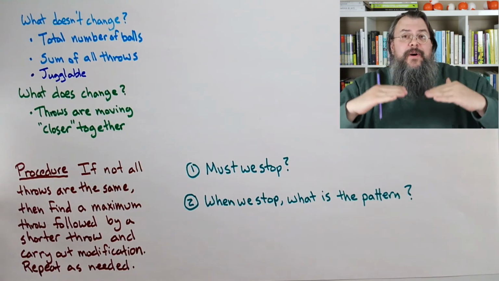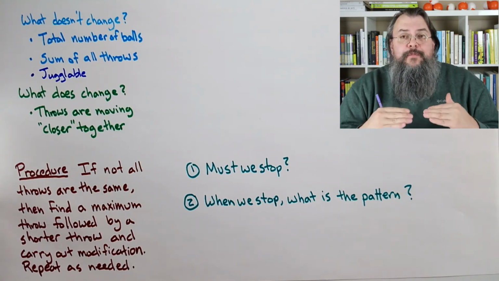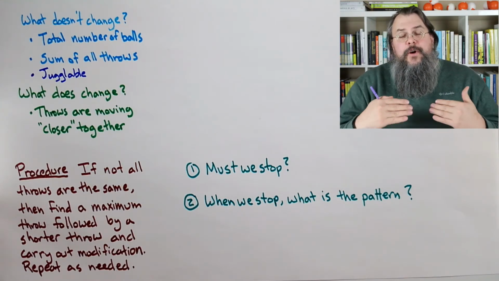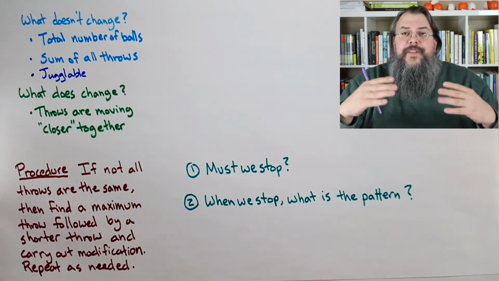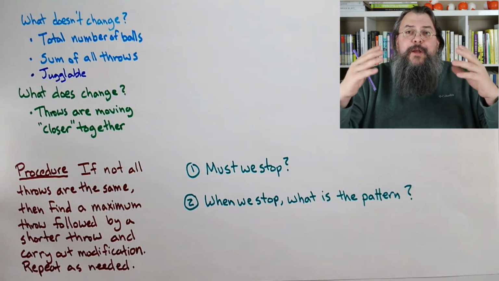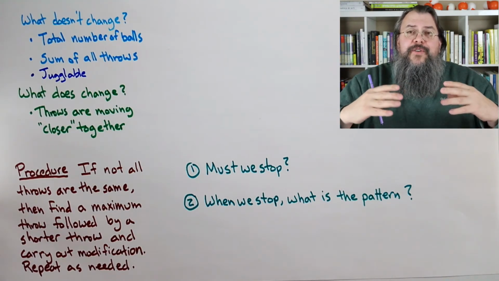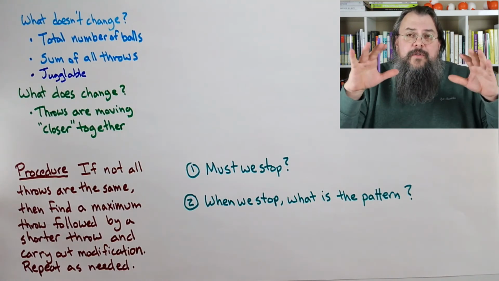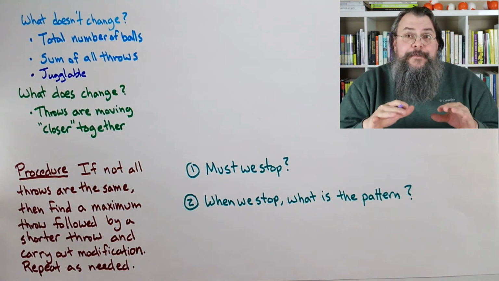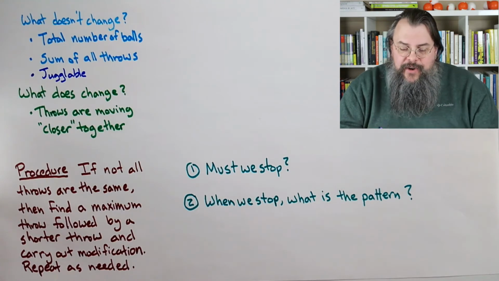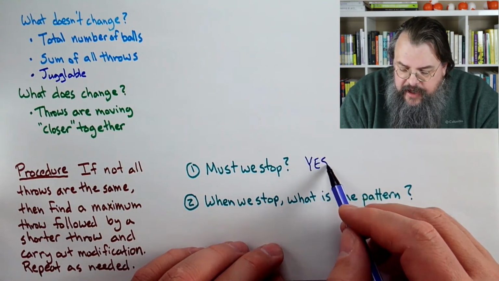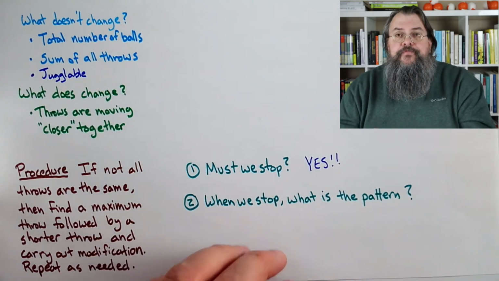And so that's why we have to stop, because at some point, we can't keep going forever. There's this Latin phrase, reductio ad absurdum. It would be crazy if we could keep going forever, and so that means that, yes, we must stop somewhere. All right, so must we stop? Yes, because we can't keep going down forever and ever.